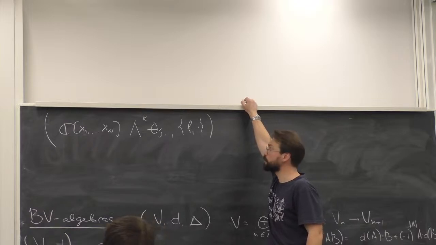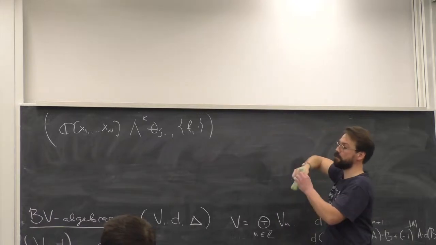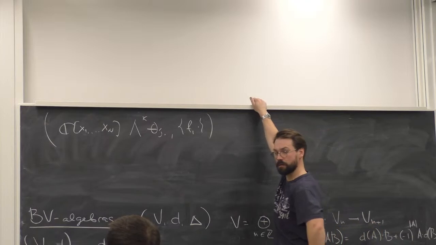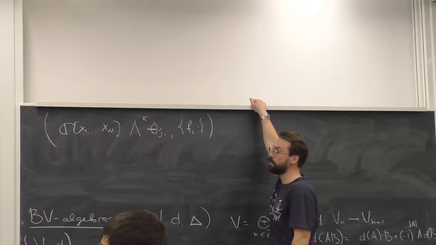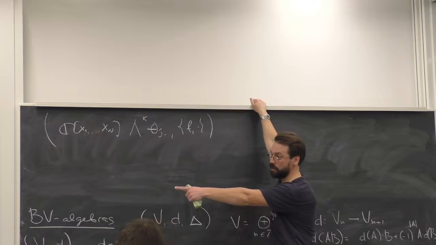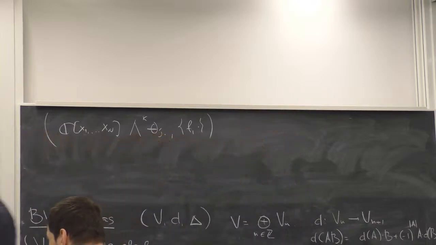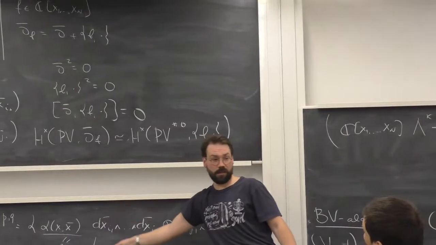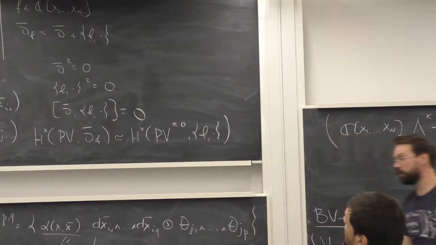You will see star 0. Well, you take only the polynomials alpha dependent on x, zero form in here, and any number of vertices.